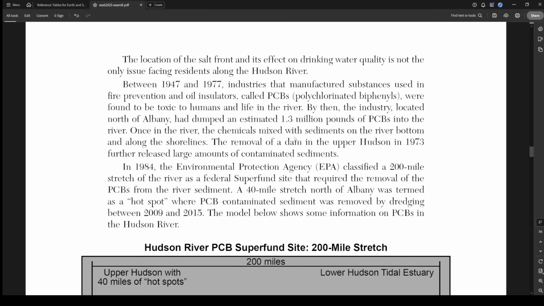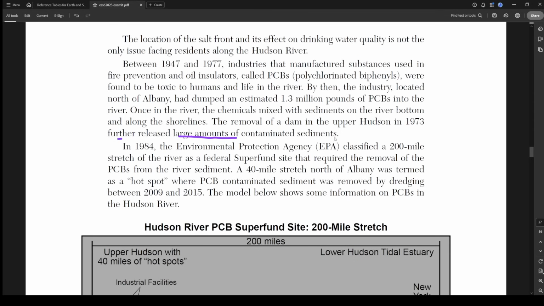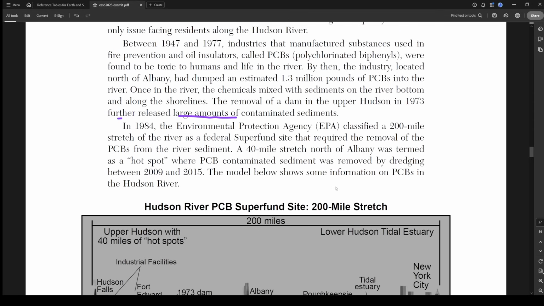Once in the river, the chemicals mixed with sediments on the bottom and along the shore. The removal of a dam in the upper Hudson in 1973 further released large amounts of contaminated sediments. So there was already tons of toxic stuff dumped, and then they removed a dam that released more bad things.